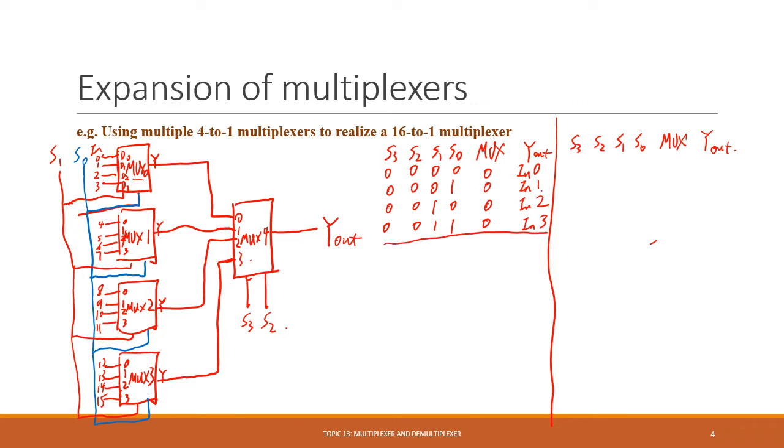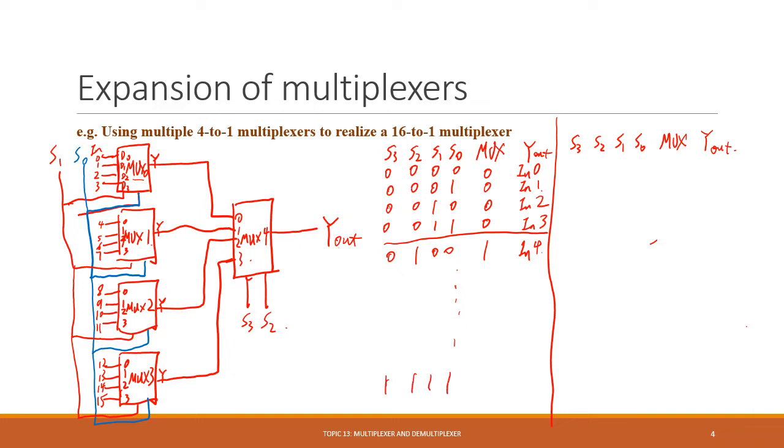But after that, if S3, S2 become 0, 1, then mux 1 will be selected, the output of mux 1 will be muxed to y out. And if S1, S0 is 0, 0, we will get in 4. And so on. Finally, we can get 1, 1, 1, 1.